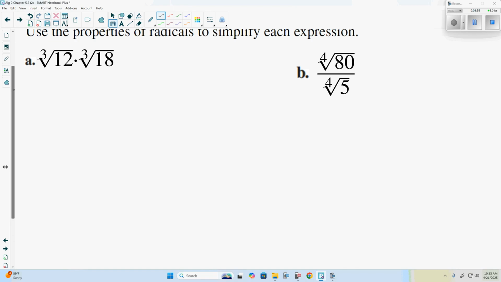So we're going to do these by hand and assume that they can't be done in the calculator so we see how they work. So we're looking at this here, the cubed root of 12 times the cubed root of 18. We would want to see, say, the cubed root of 12, if it can reduce, if we can take the cubed root of it. We're trying to see what times itself 3 times is 12. Well, there's not a number.